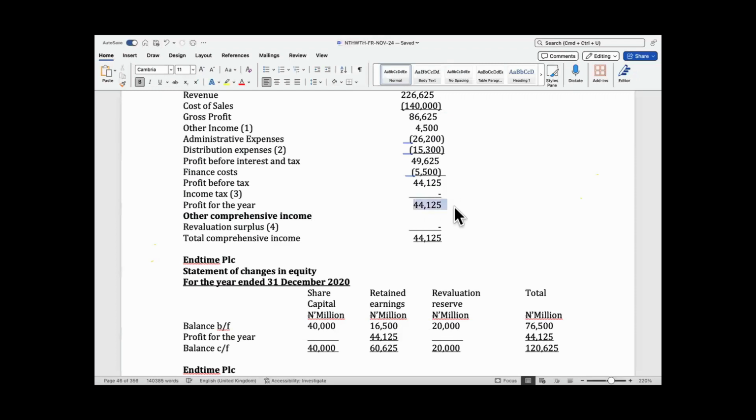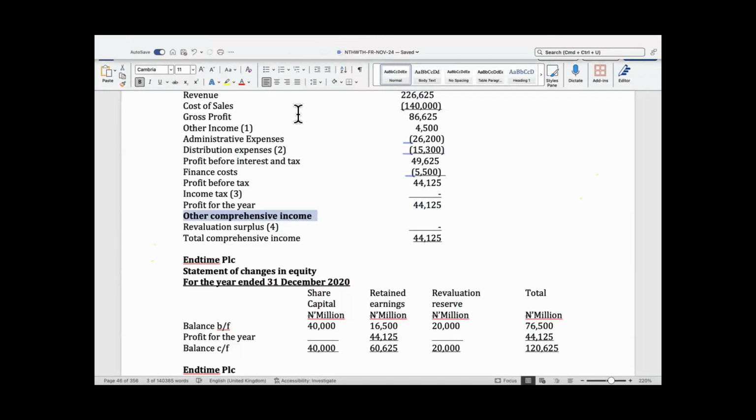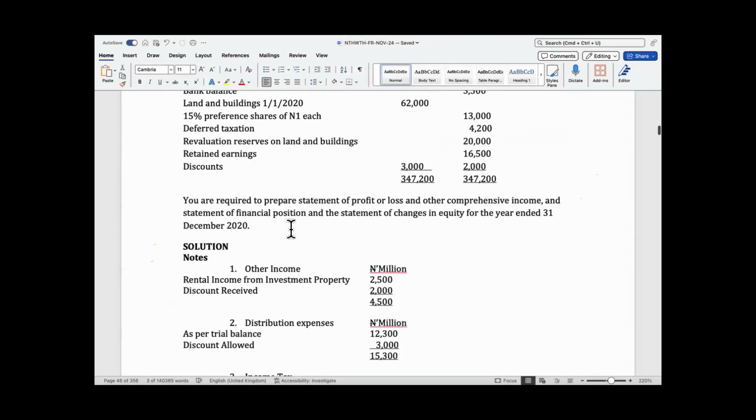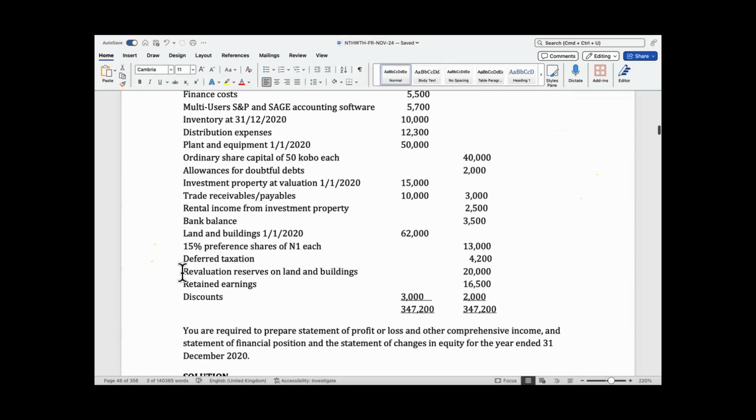Then I have my other comprehensive income. The only item you learn in other comprehensive income at this level is revaluation surplus. Do we have revaluation surplus here? Yes, we do. But the revaluation surplus that goes to OCI is the revaluation that happened in the current year.